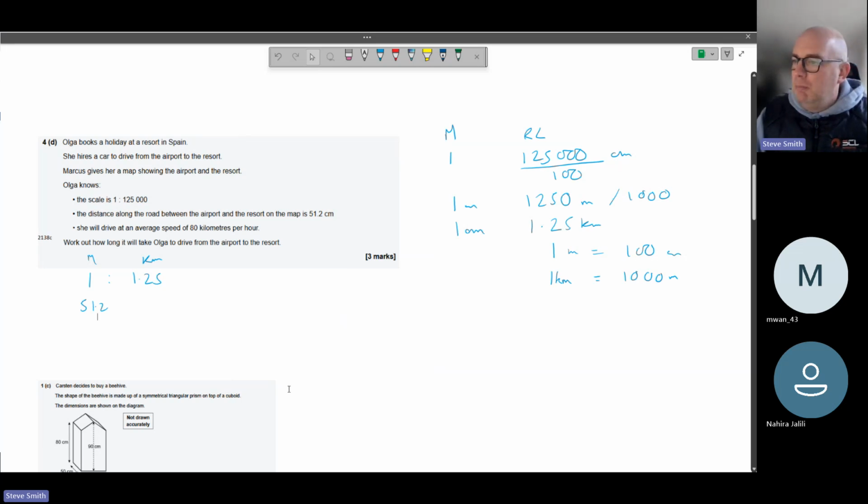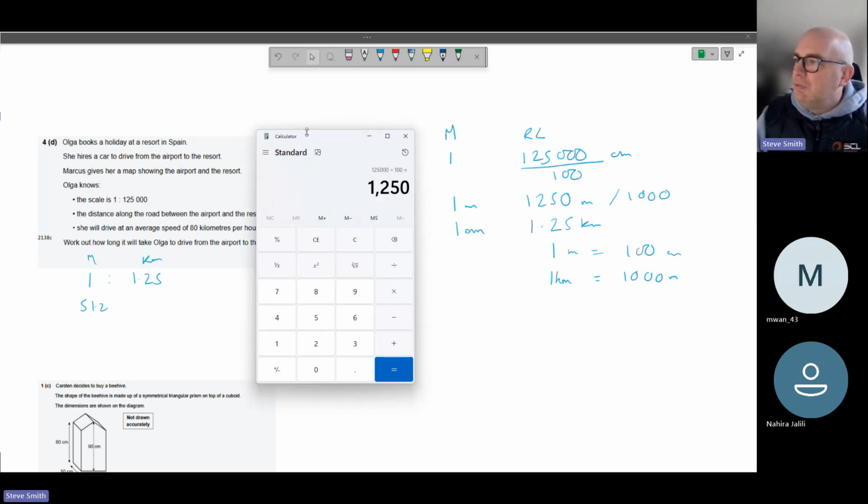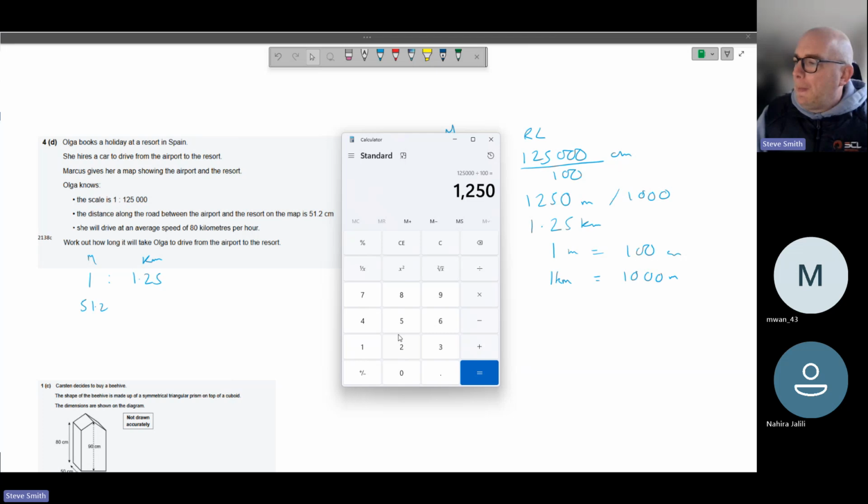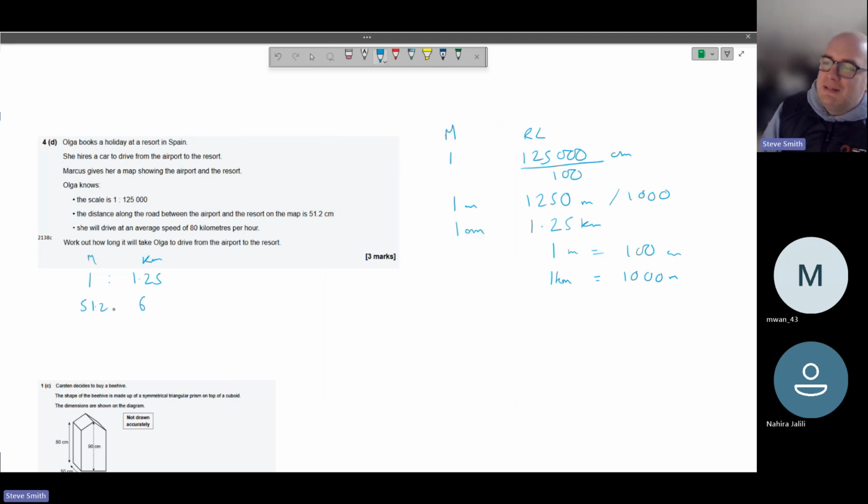Let's get my calculator back open. So we've got our 51.2 multiplied by 1.25 equals 64. So we can see that on the map, when it says 51.2 centimeters, in real life, it's 64 kilometers.